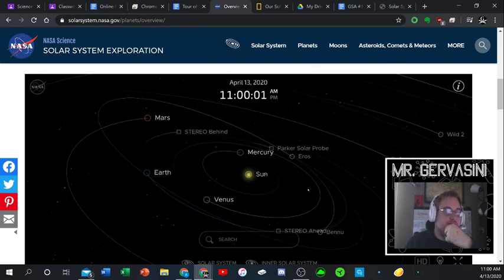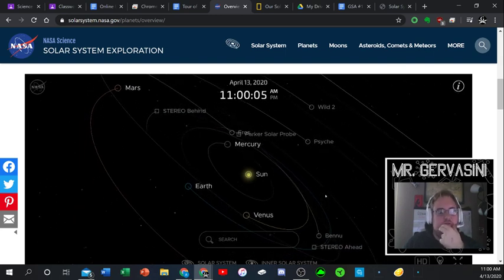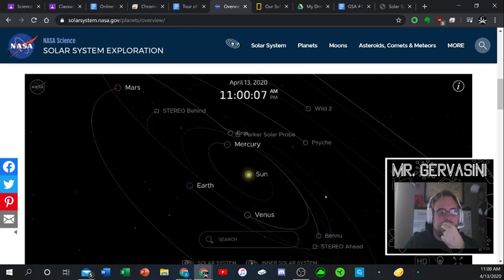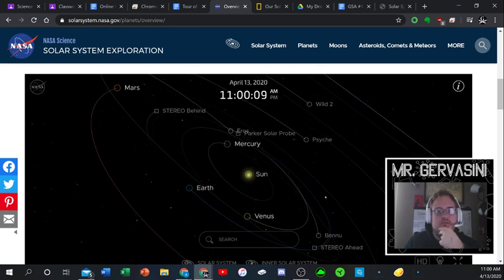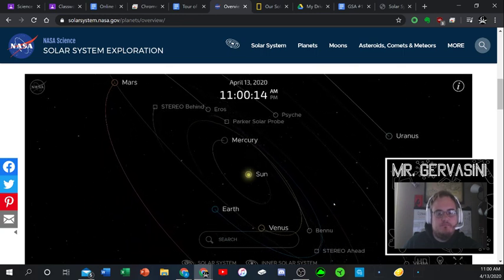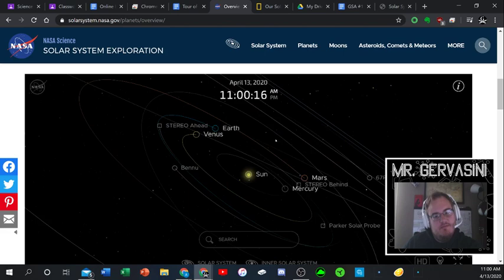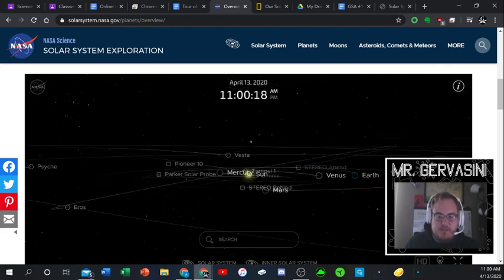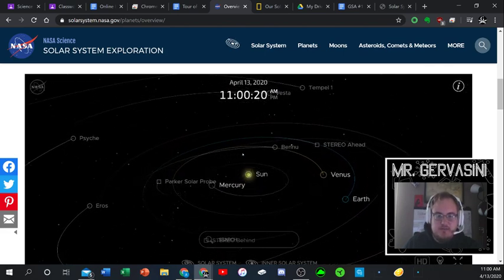Resembles the Earth? Mercury? I don't know about that. Again, everything's kind of slanted because there is no up or down in space. There we go.